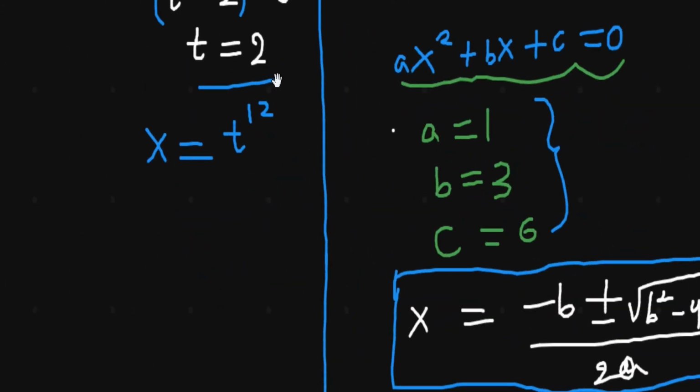So t is equals to 2 here. So we are substituting the value of t in this. So x is equals to t power 12. So t is equals to 2 here. Therefore x is equals to 2 power 12.